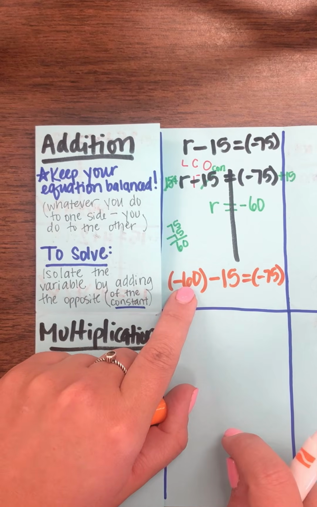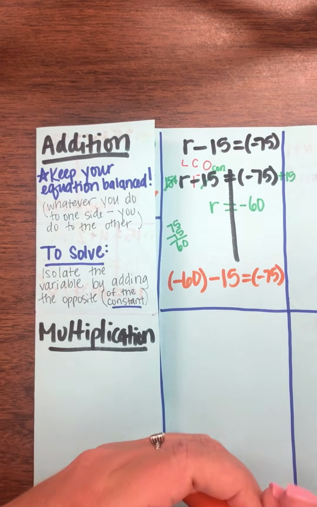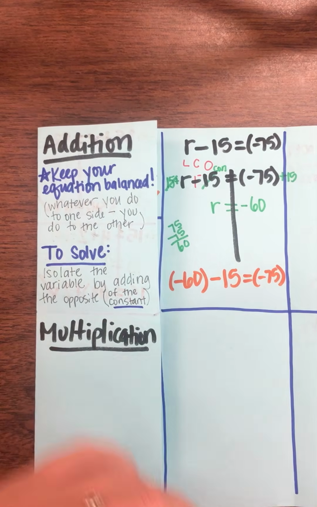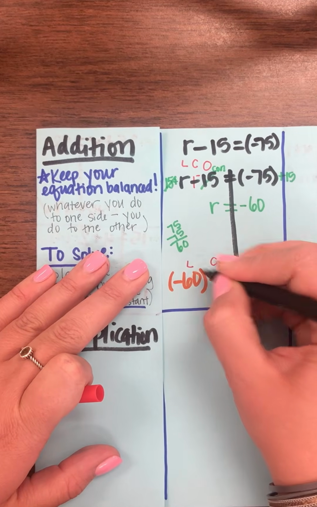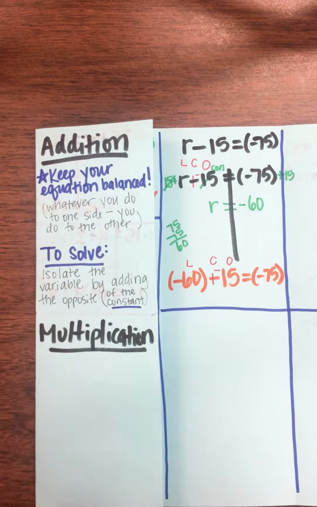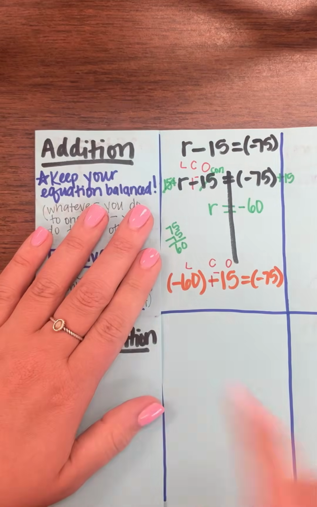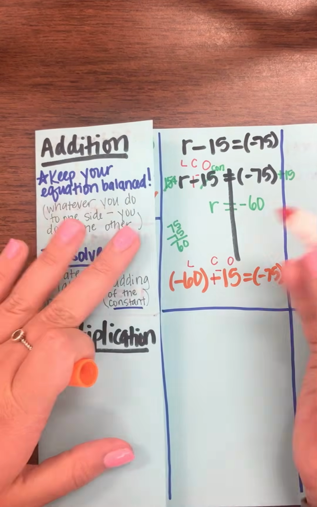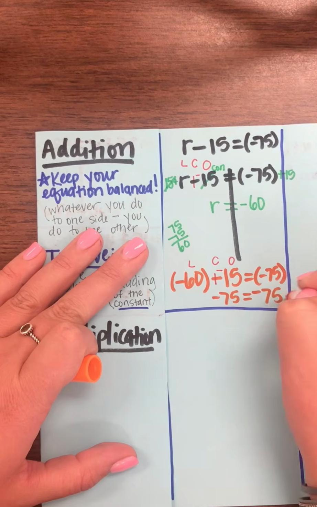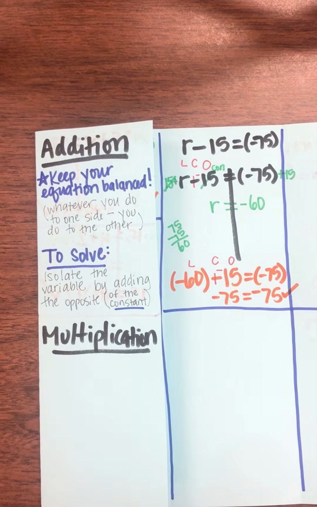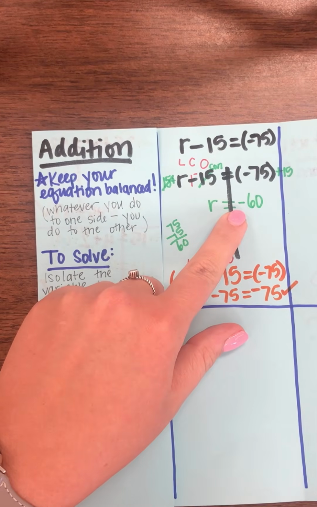You have negative $60 and you're taking away another 15. So the reason that we use LCO is so that we can have less errors: leave, change, opposite. Well, negative 60 plus negative 15 is negative 75. So negative 75 equals negative 75, so we're good. That means our answer is correct.